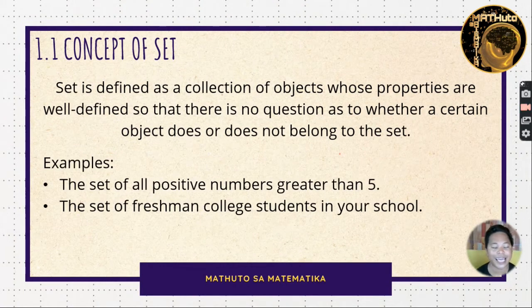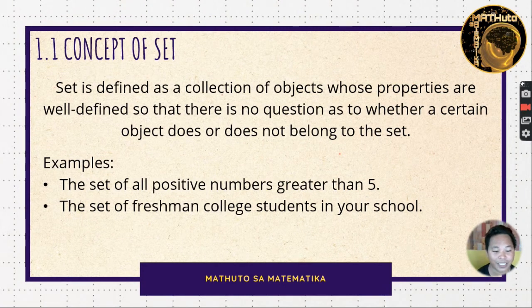Let's start with the set of all positive numbers greater than 5. This set is well-defined since ang specific characteristics niya ay positive numbers greater than 5. So we can say that the elements that belong to this set are 6, 7, 8, and so on.